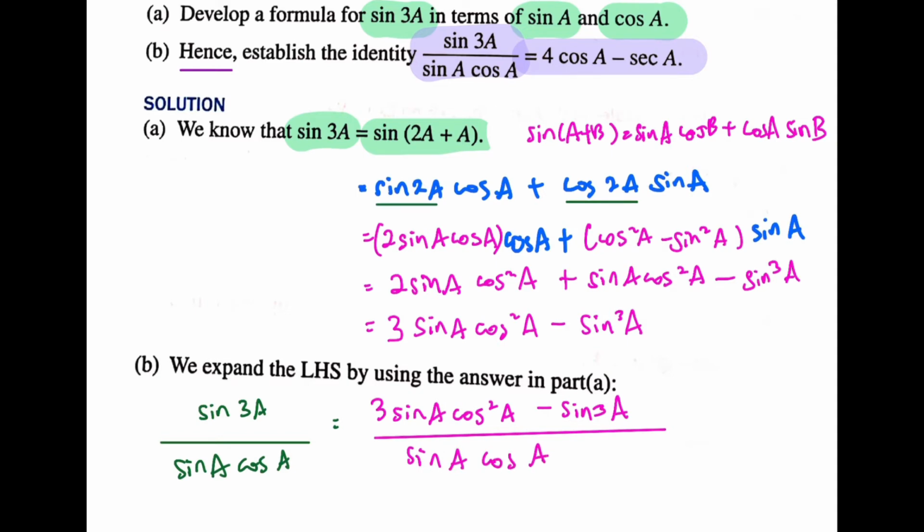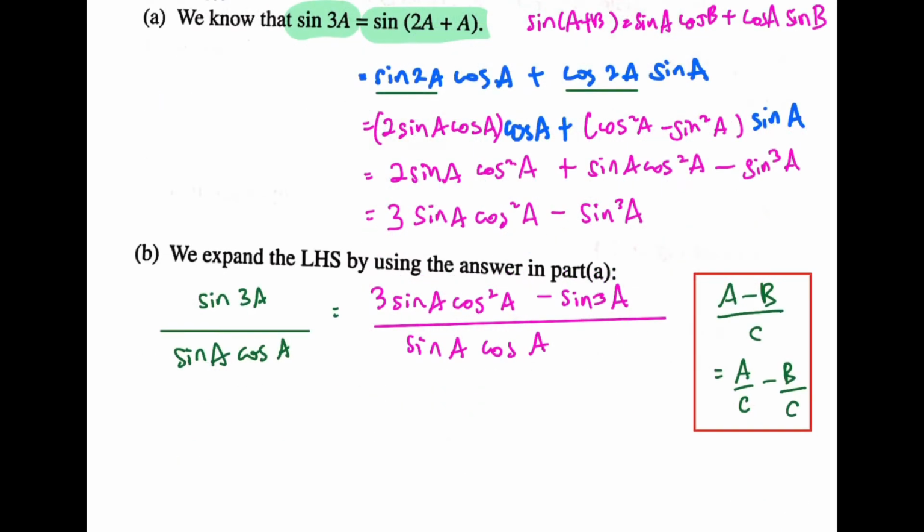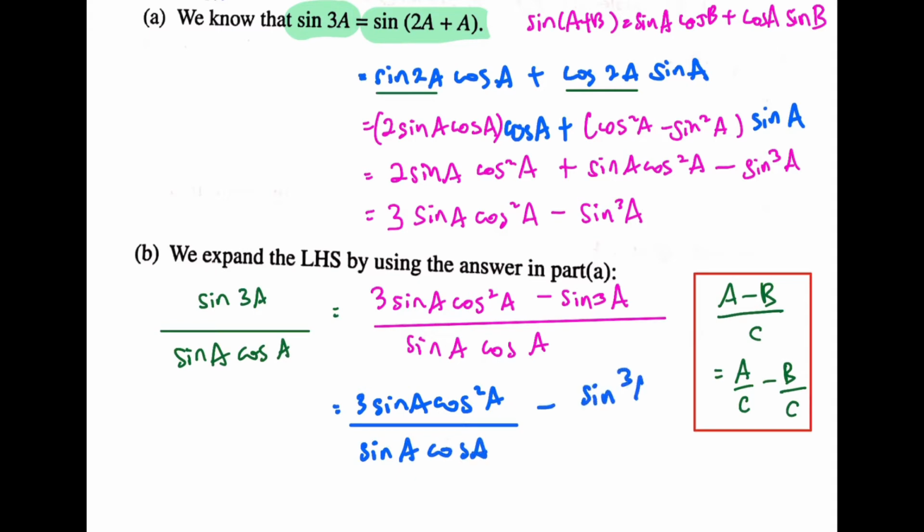Now do you realize that you have this pattern here of A minus B over C? So let's open up as A over C minus B over C. This is 3 sine A cos squared A over the denominator, minus sine cubed A over the denominator.